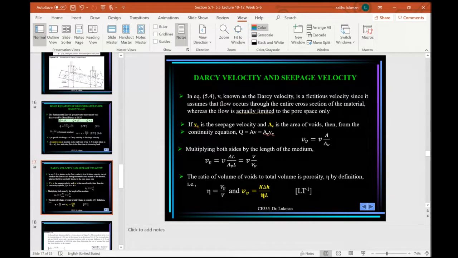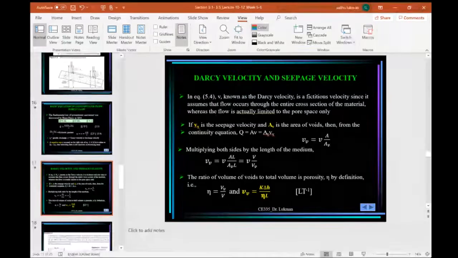Then from the continuity equation, remember from fluid mechanics, Q is equal to A V, which is equal to A subscript V times V subscript V. Since the flow is continuous, the continuity equation holds.